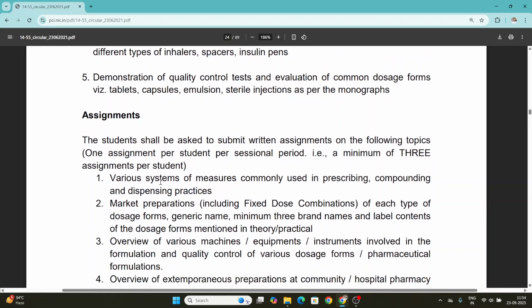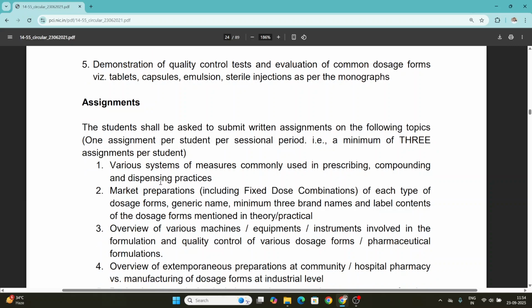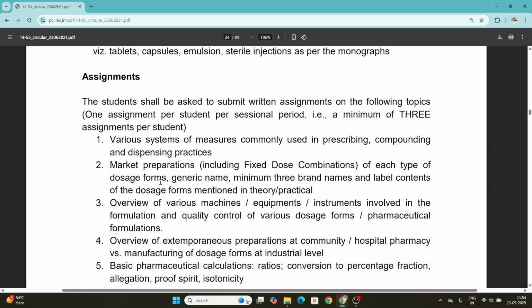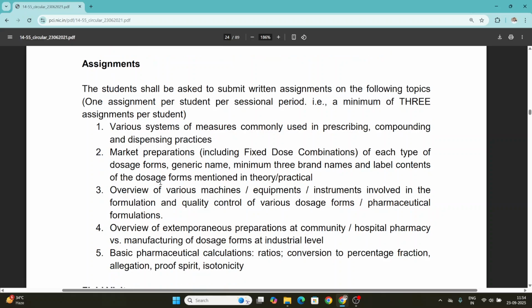Assignments. The student shall be asked to submit written assignments on the following topics. One assignment per student per sessional period, that is a minimum of 3 assignments per student. Various systems of measure commonly used in prescribing, compounding and dispensing practices.